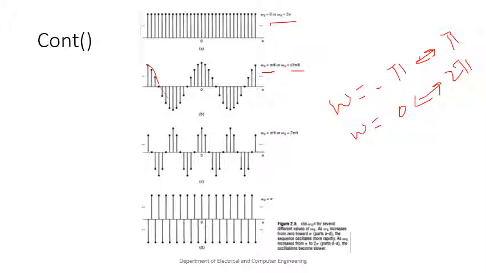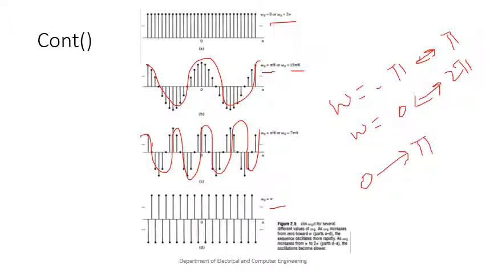So here there are oscillations. Here the frequency is increased more. This was pi by 8, this is pi by 4. The frequency is increased, so more oscillations. Here the frequency is maximum. So in discrete time the maximum frequency is pi. From 0 to pi the signal will start oscillating faster, and from pi to 2 pi it will decrease.